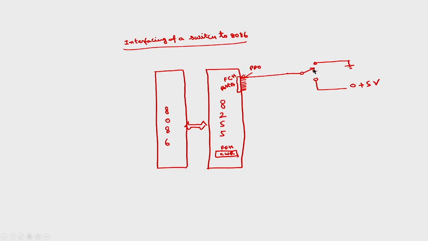Okay, this is the diagram. If I connect the switch to this, it is logic 0. If I connect this switch to this, it is logic 1. So, I want to read the status of this switch. I have connected this as PA0, and I have connected this as an input port.